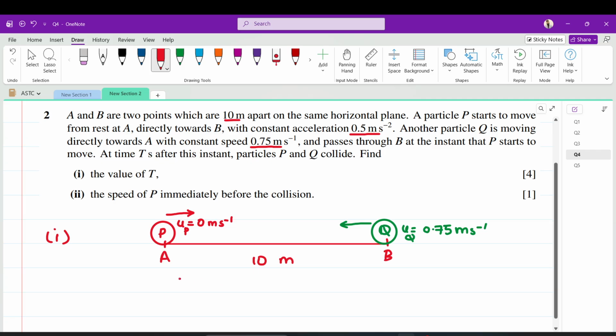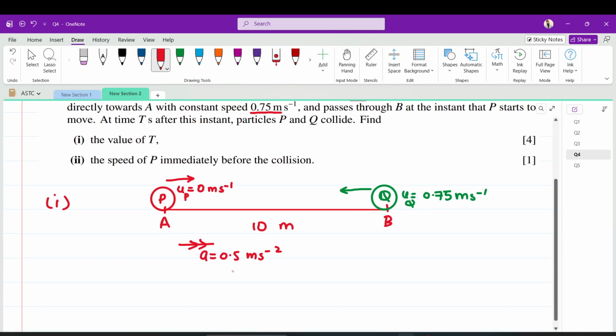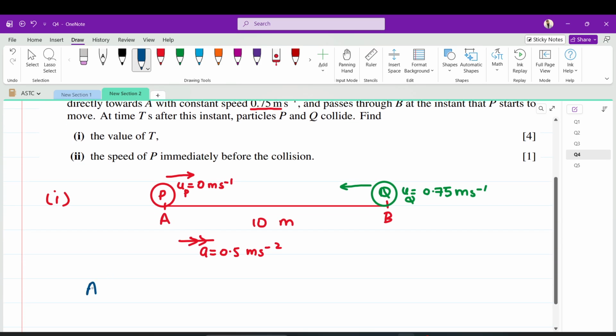Also we know that the acceleration of particle P is 0.5 meters per second squared. That's the information given to us. After t seconds, P and Q collide.